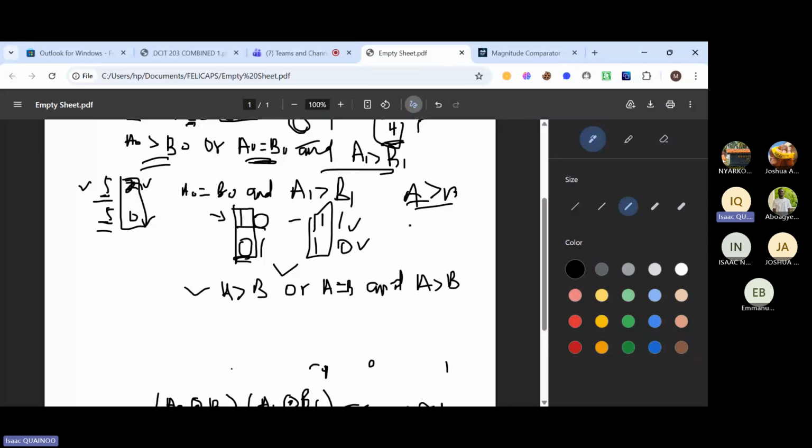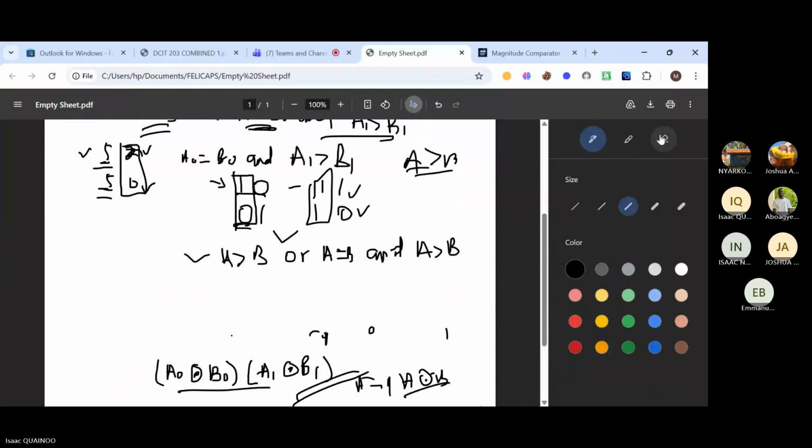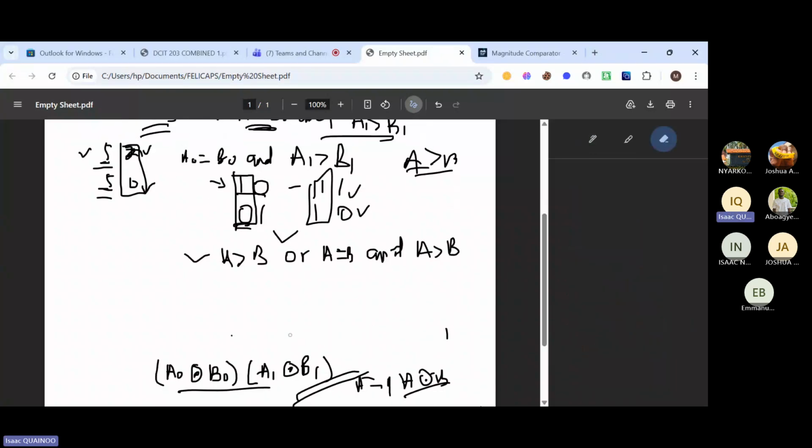That is how we deduce A greater than B, or A equals B and A greater than B. Please, can you all see the deduction now?